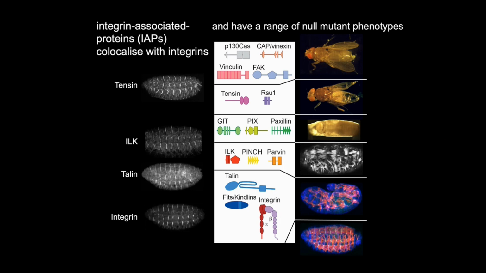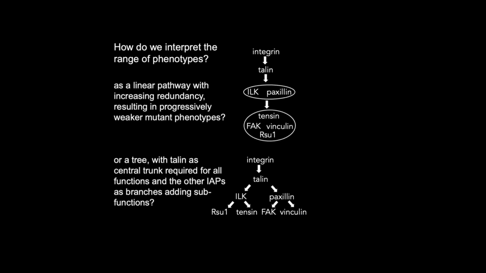In a very linear pathway, if you knocked out every part of it, you'd get the same phenotype. And here we've got a set of proteins which clearly have varied function. One way to interpret that is that it's still fairly linear, but you get redundancy between two things.